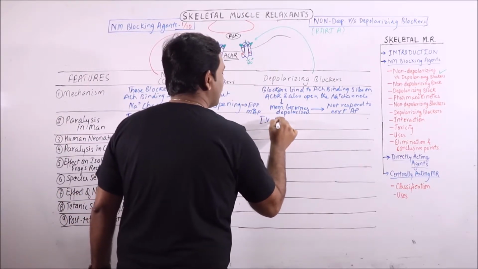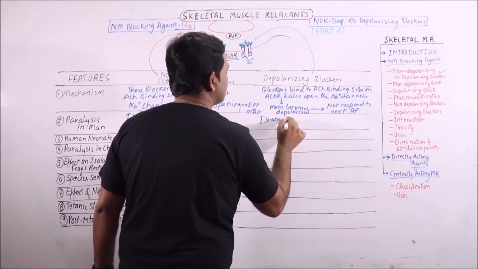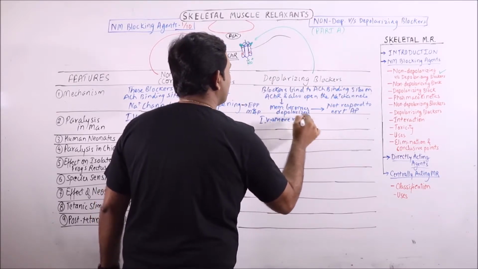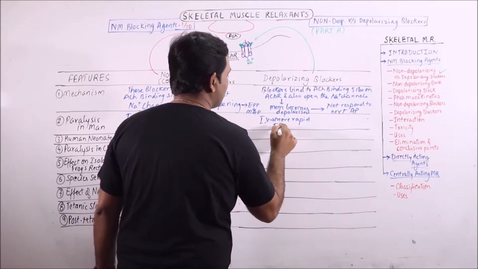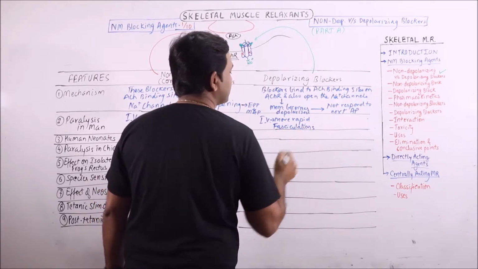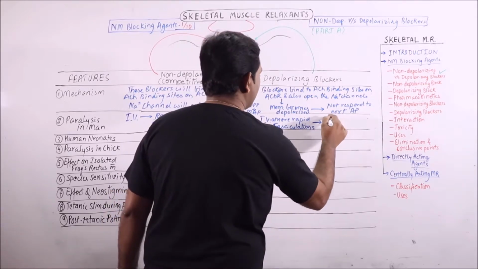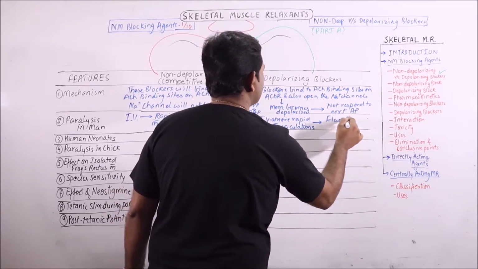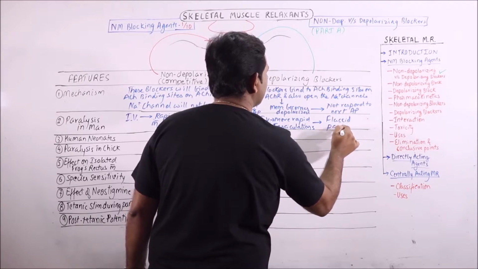Here IV will produce more rapid response in the form of fasciculations. Final result is same. After few seconds, flaccid paralysis will be there.